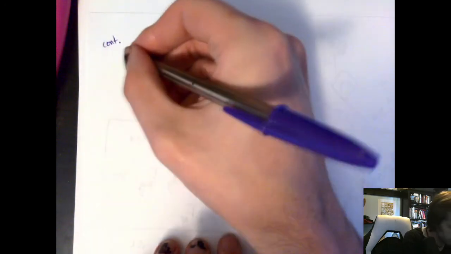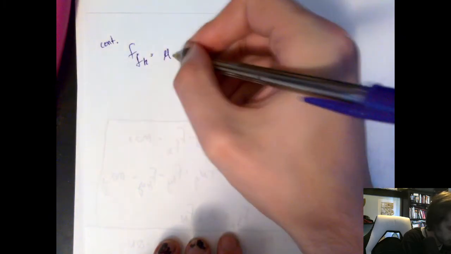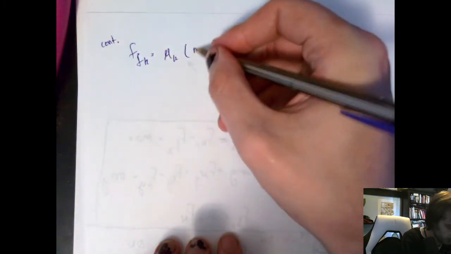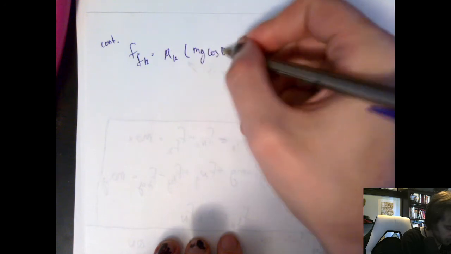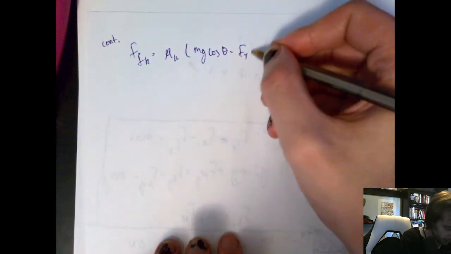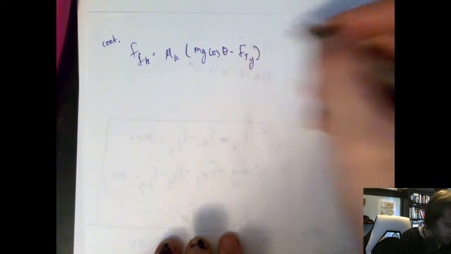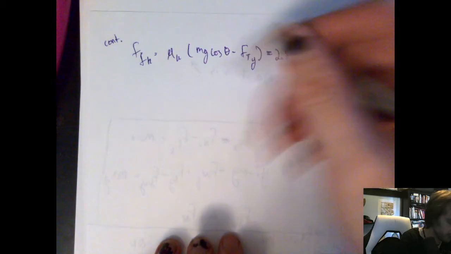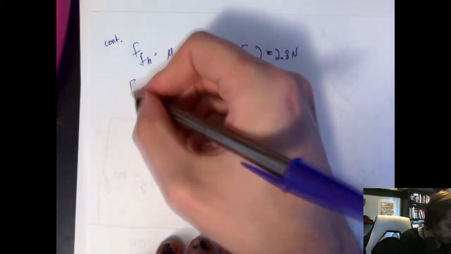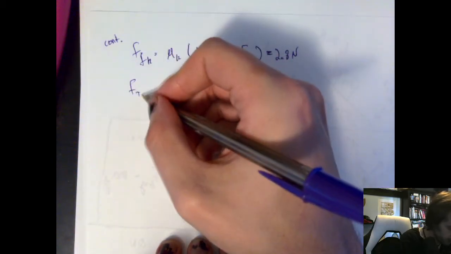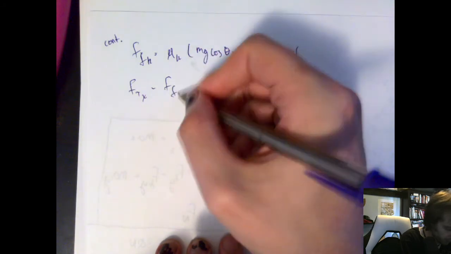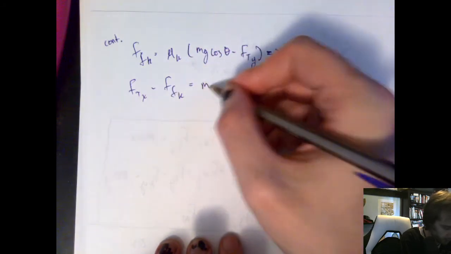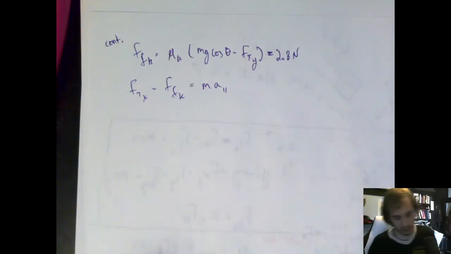We've got Fk equals mu k times mg cosine theta minus fty, which was 2.8, and that is getting plugged into ftx minus force of friction kinetic equals mass times the parallel acceleration.